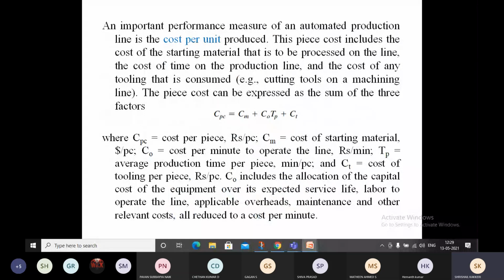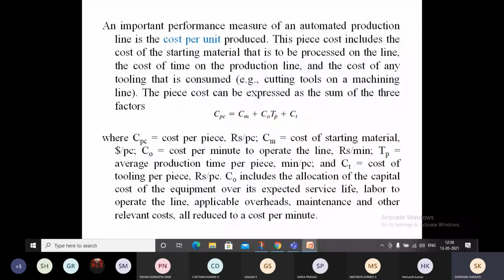What is the cost per unit? The cost per unit is CM plus C0 TP plus CT. CM is the cost of material, C0 is the cost per minute to operate the line, TP is the average production time per piece, and CT is the cost of the tooling per piece.